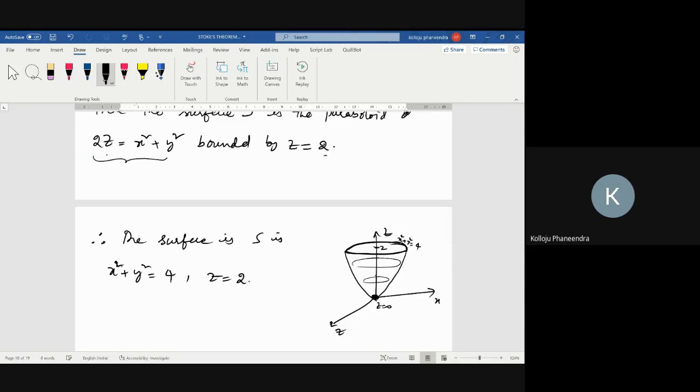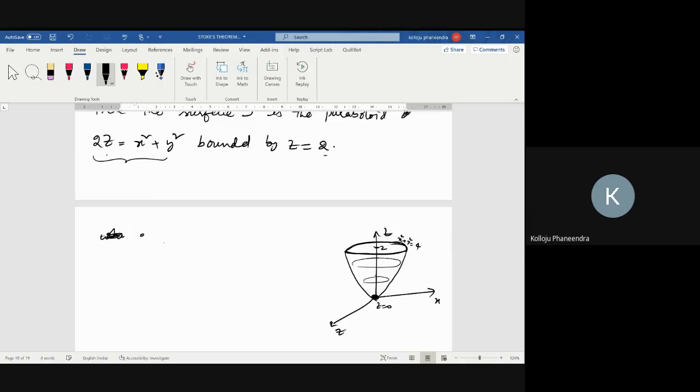Don't write the surface S as x square plus y square equal to 2z again, so bounded by the paraboloid.